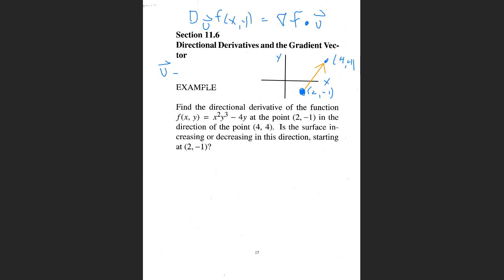Now the u vector, is the u vector equal to this? Here's the direction vector. Is it equal to 4 minus -1? Hold on. Let me just ask this before we get to the solution.